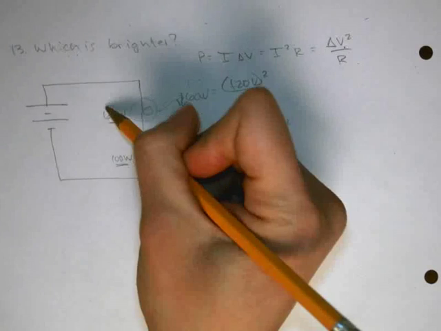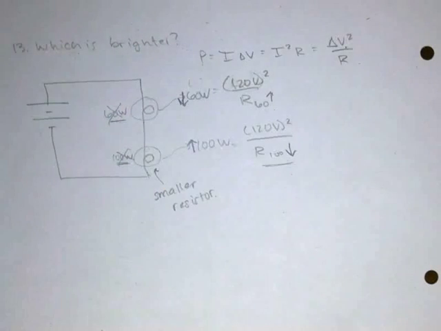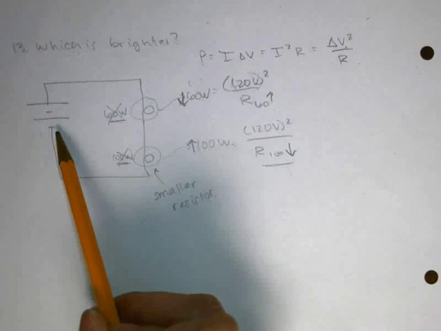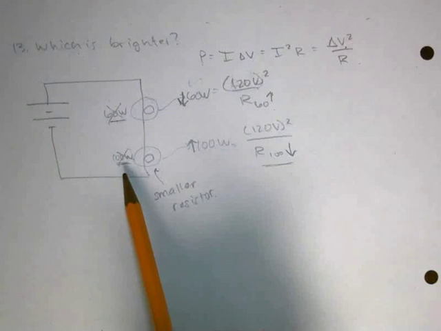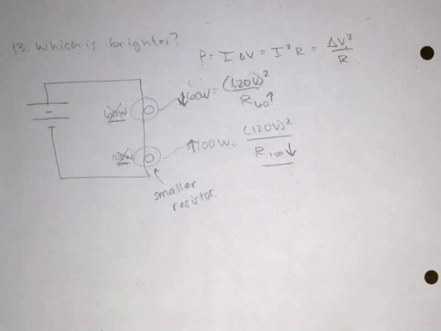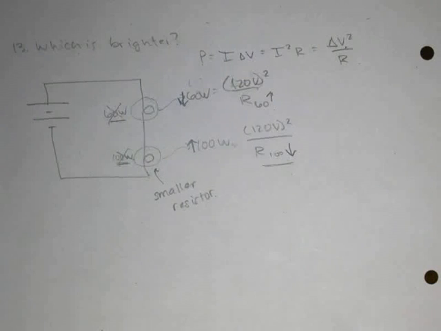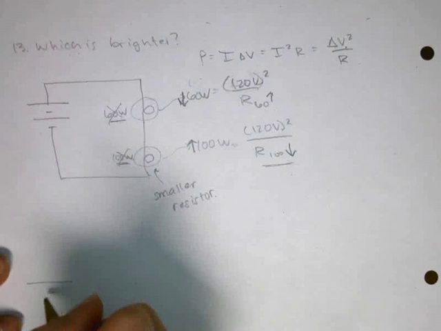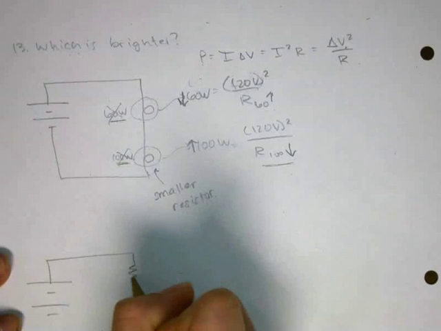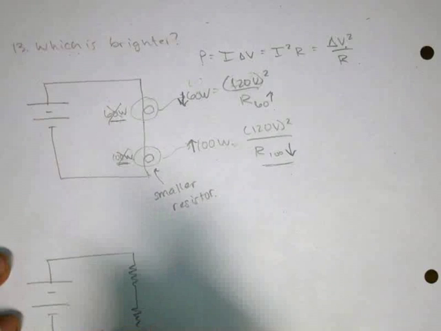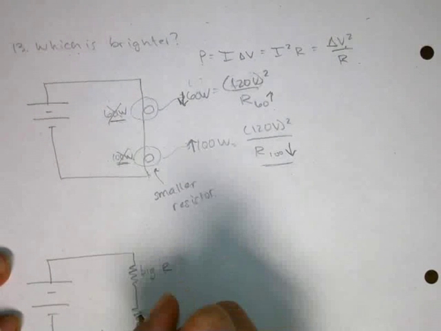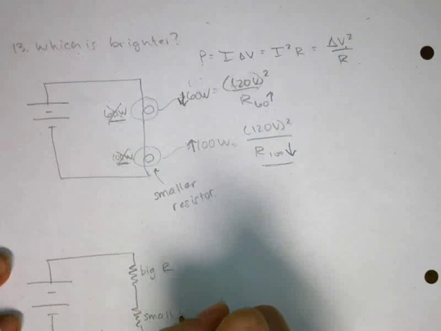Okay, now we've used that information, we don't need to use it anymore, because this light bulb, when plugged into whatever battery this is, is not going to dissipate that amount of wattage anymore. So now we can rethink of this as a circuit that looks like this, where this is the big R and this is the small r.